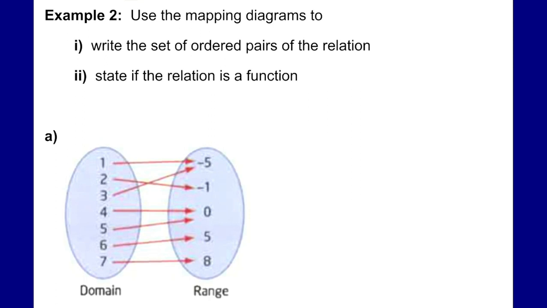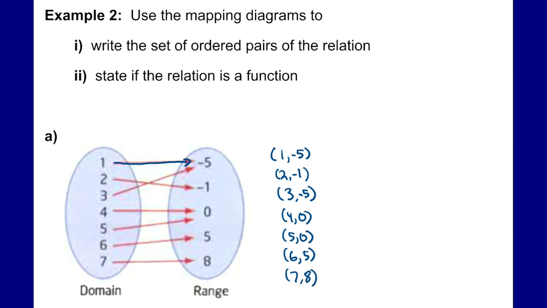So if I look, right, my ordered pairs, so I have 1 and negative 5. Because for the value of 1, it goes to negative 5. I have 2 and negative 1. I have 3 and negative 5. I have 4 and 0. 5 and 0. 6 and 5. 7 and 8.